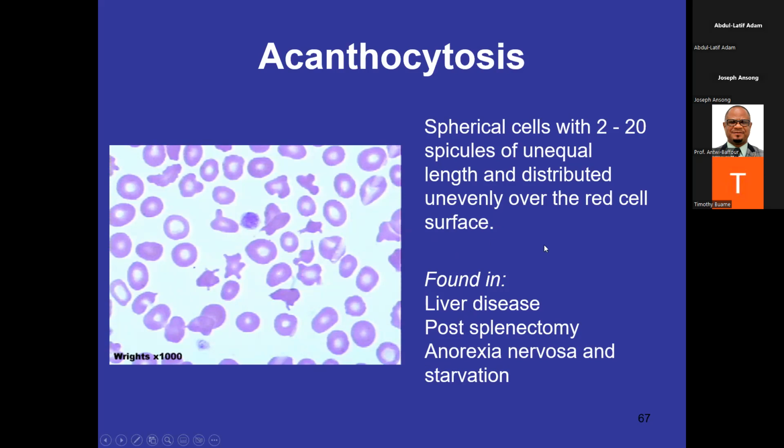We also see it in anorexia nervosa and starvation. These people are starving themselves by choice. They have food, but they hate it. They don't want to eat. But some people starve because they don't have food. We tend to see acanthocytes in them.